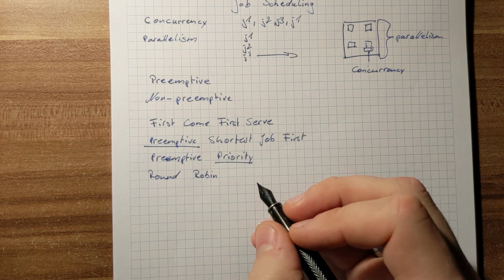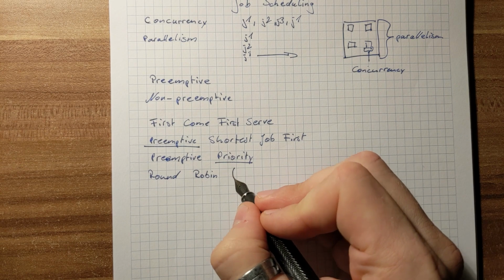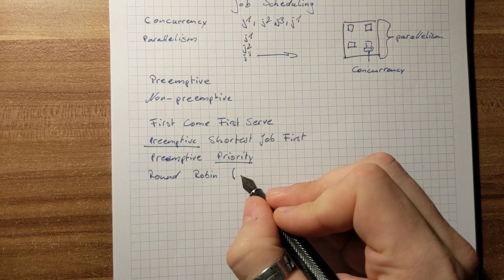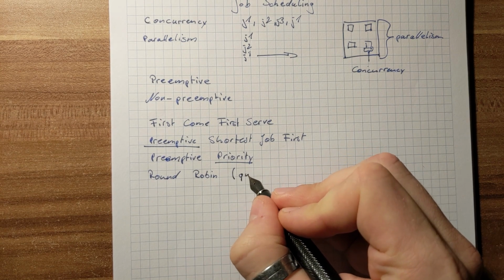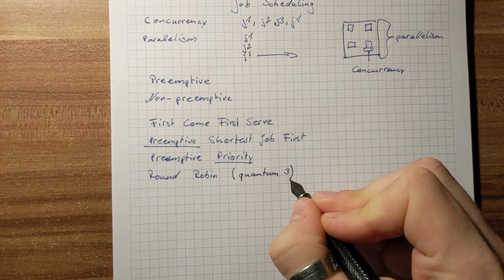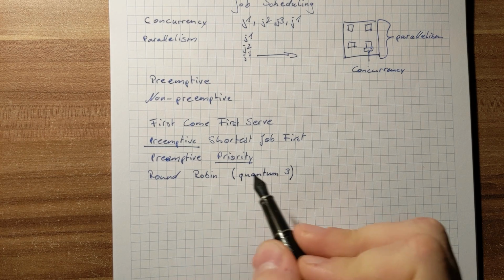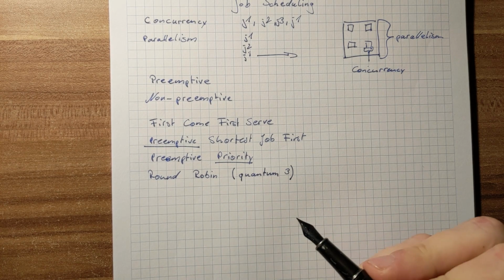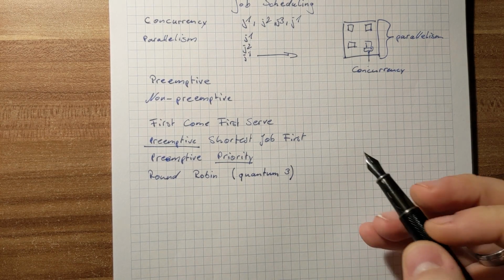And that's called quantums. A quantum is just your time unit. And let's say you have, for example, the quantum 3. That's just information that you need when you perform the round robin. Without this information, you either have to decide yourself or you can't perform that one.